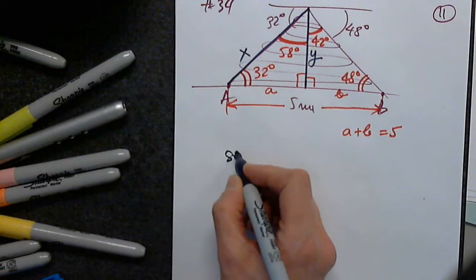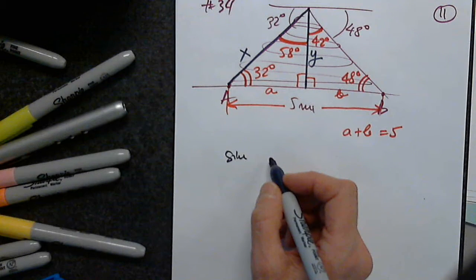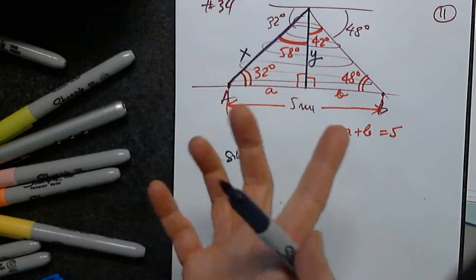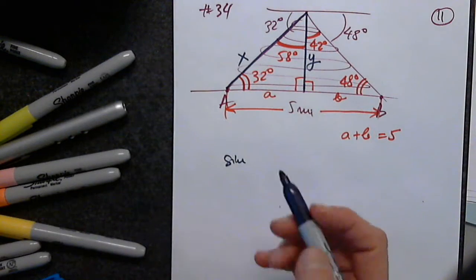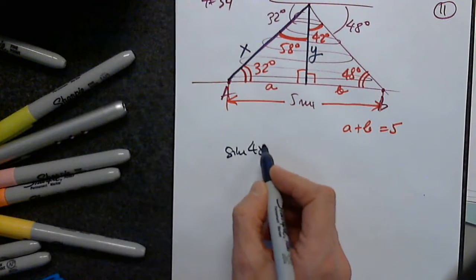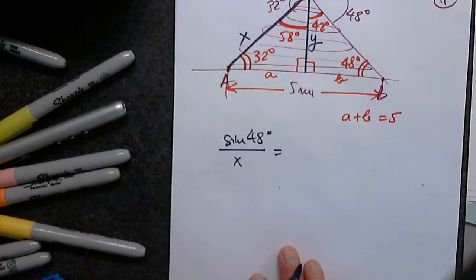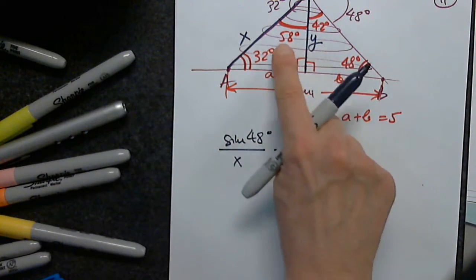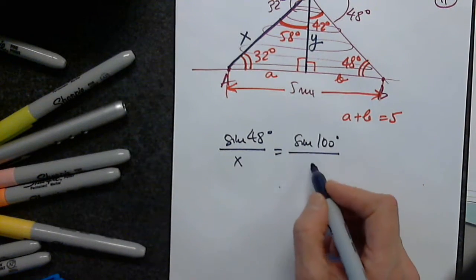Sine. I want to involve x. That's my target, so there is no reason to go this way. So sine 48 over x equals sine of 58 plus 42, so it's sine 100, over 5.